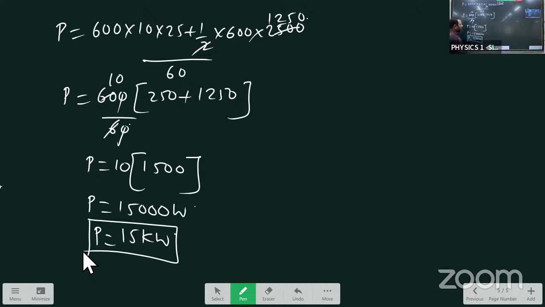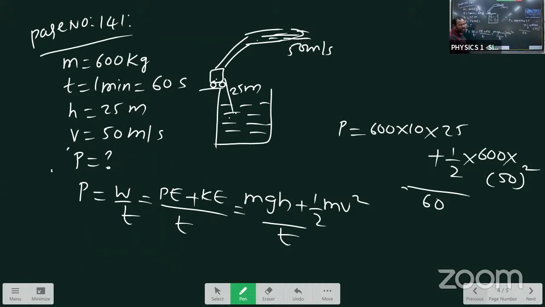Again I am giving the explanation. What they are asking is, for this work kinetic energy theorem, mass of water 600 kg. One motor at 25 meter deep, within 1 minute, is lifting 600 kg of water with how much speed? 50 meter per second.